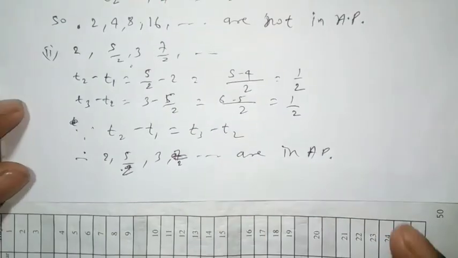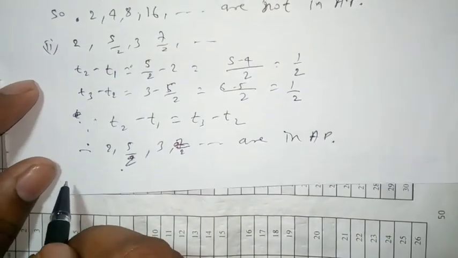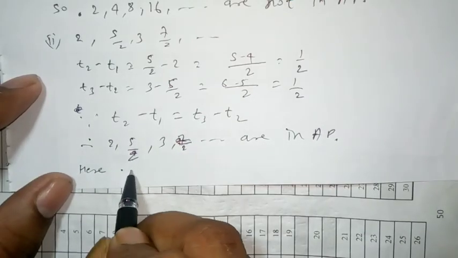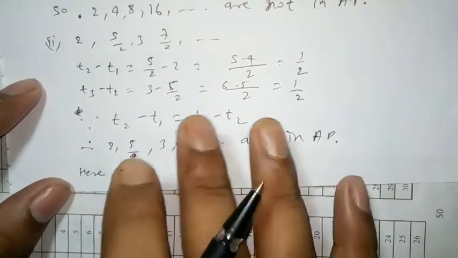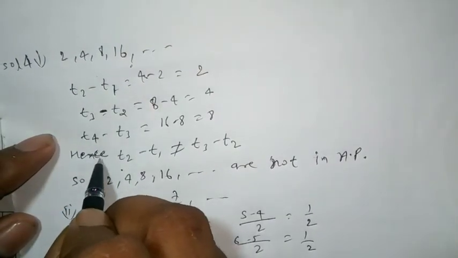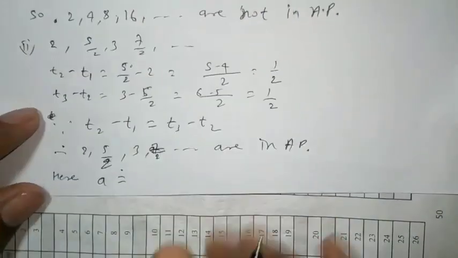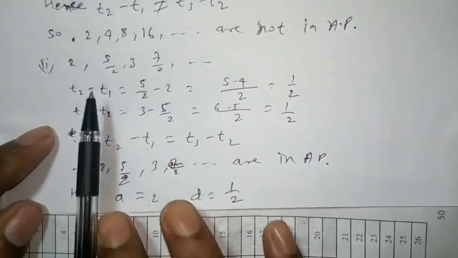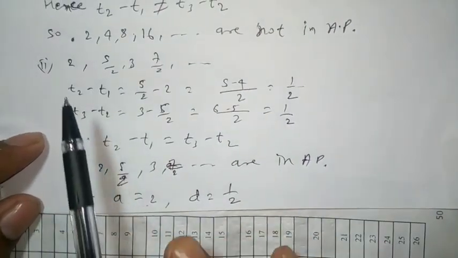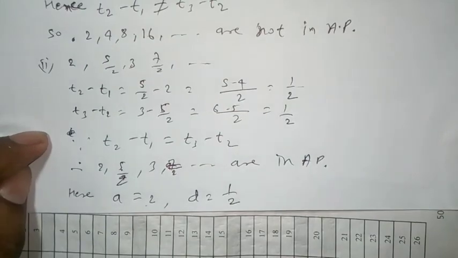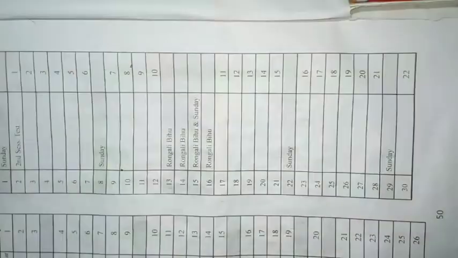Now you have to find the next terms. Here A is equal to 2, D is equal to 1 by 2. This is the difference. We have the first 4 terms, so we have to find the 5th, 6th, 7th and 8th terms.